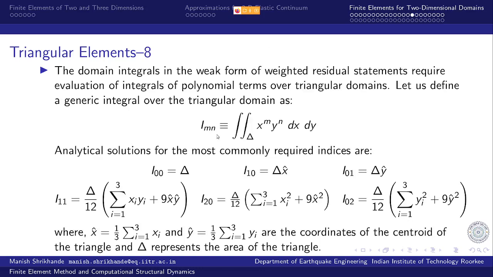Now, the integration is very interesting because that is where we actually have a problem with triangular elements. The problem with Cartesian coordinates and triangular regions is that the coordinate value keeps on changing, so somehow you need to change the limits.